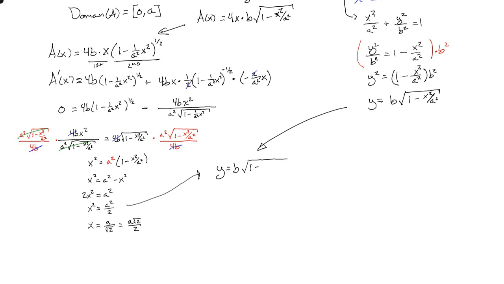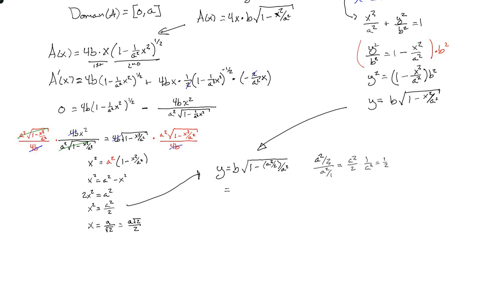So we're going to have a squared over 2 over a squared. This is over 1. That's a squared over 2 times 1 over a squared. That's just going to equal 1/2.